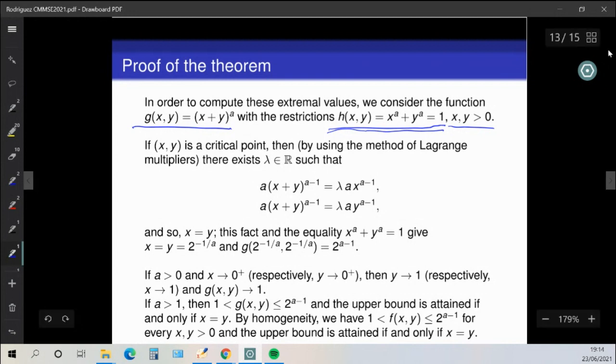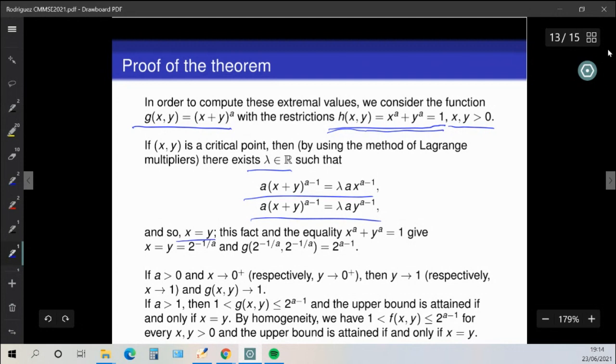Okay. First of all, if (x, y) is a critical point for our function g with the restriction h equal to 1, the method of Lagrange multipliers gives that there exists a constant lambda such that we have these equalities.